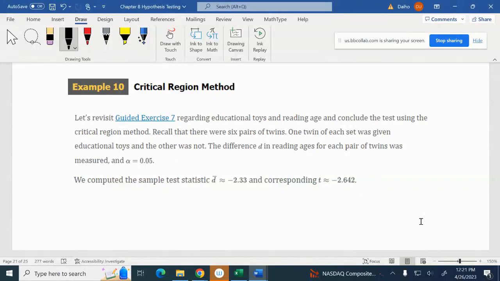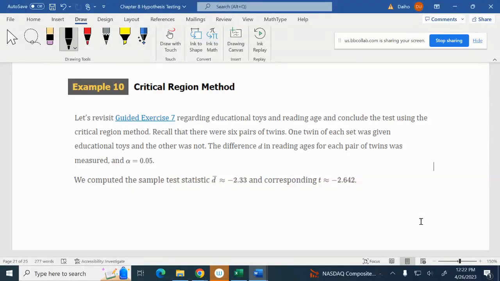So they recruited 6 pairs of twins, and they did the experiment. One twin was given an educational toy, and they measured the reading age.